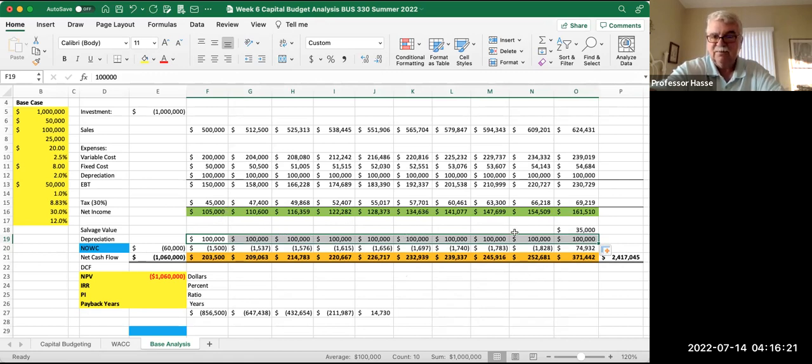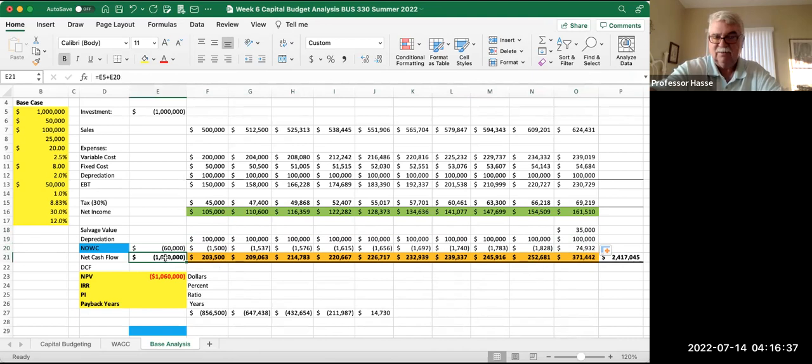We've now determined its salvage value. We've added back in depreciation. We have accounted for the needs of cash flow for working capital, both going out and then coming back in year 10. And so now we know that we're expending $1,060,000 and we're generating $2.417 million of cash flow off this investment. Pretty good.